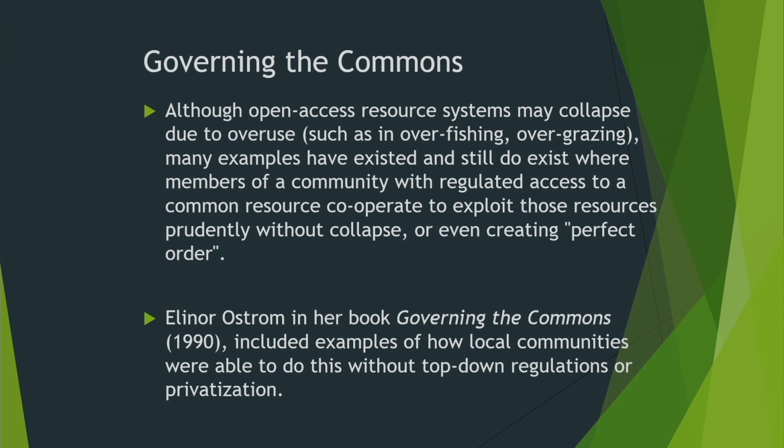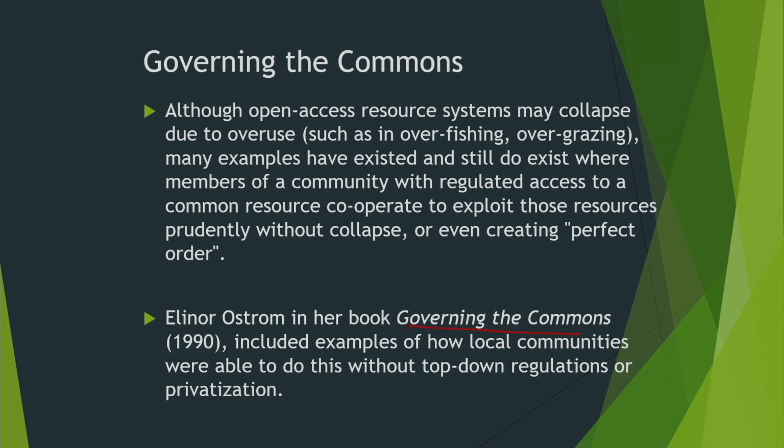Again, as a rebuttal to what Garrett Hardin has come up with in his theory, we will discuss this in the light of what Elinor Ostrom discusses in her book Governing the Commons, which was published way back in 1990.